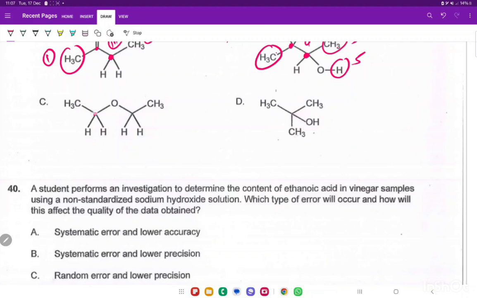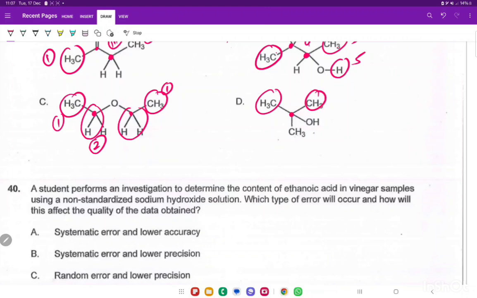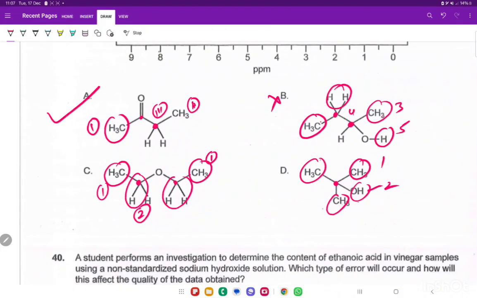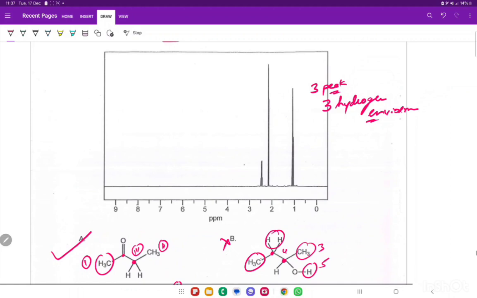Compound C: this CH3 has an environment of CH2, and the other CH3 also has an environment of CH2, so both form 1. This CH2 and this CH2 are the same, so they form 2. There will be 2 peaks only. In compound D, all 3 CH3 groups are the same, so they form only 1 peak, and 1 for OH, 2 peaks. The only compound forming 3 peaks is A. Question 39, answer A.